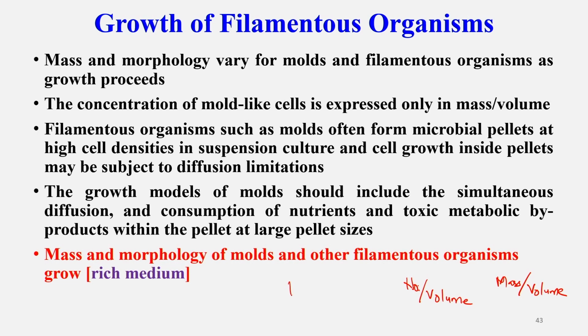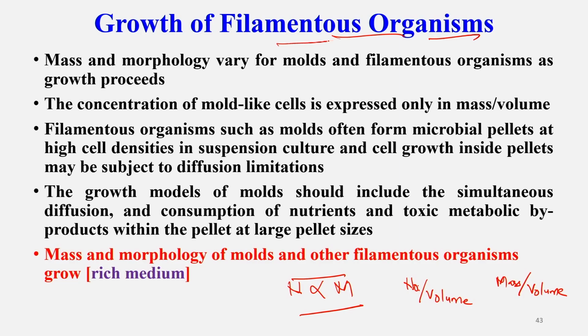Now, there is a challenge whether n is proportional to m or not. So, in the case of bacteria, we have observed the number is directly proportional to the mass, but when we are considering the molds or filamentous organisms, the number is not directly proportional to the mass.